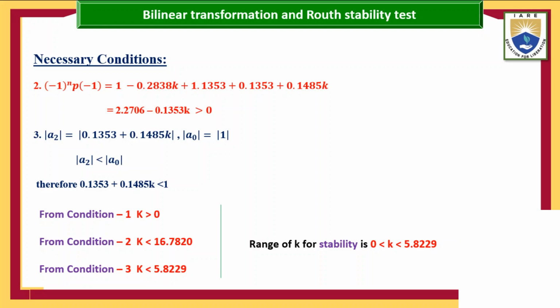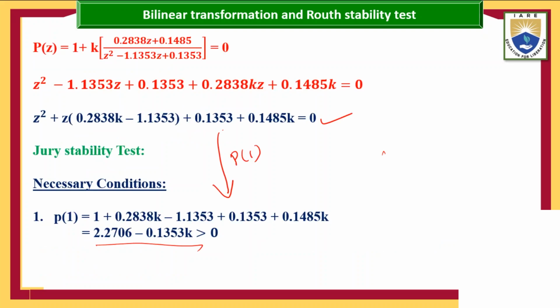After that, the next necessary condition is minus 1 whole power of n into P of minus 1. For that, we first substitute the multiplication factor, and then P of minus 1. In the function Z square plus Z into this, I want to represent minus 1 whole power of n into P of minus 1.